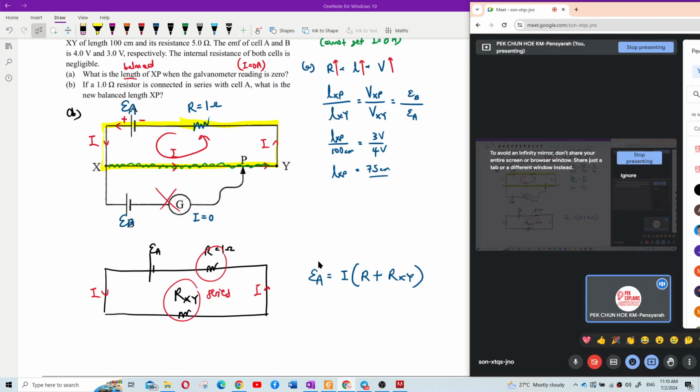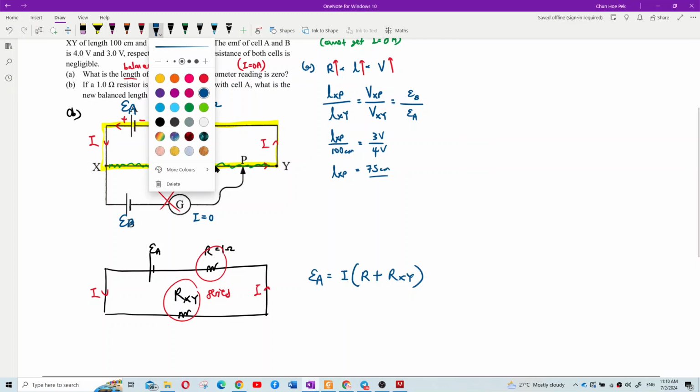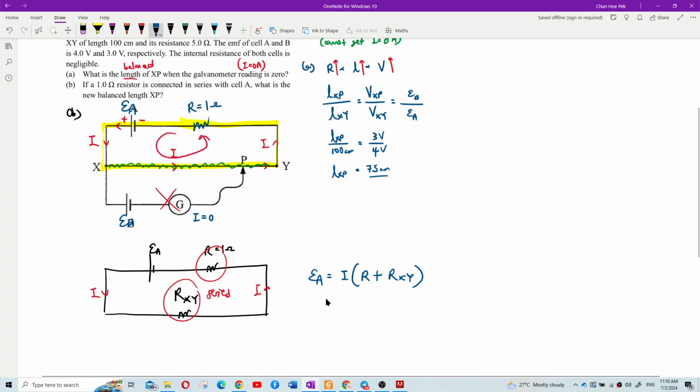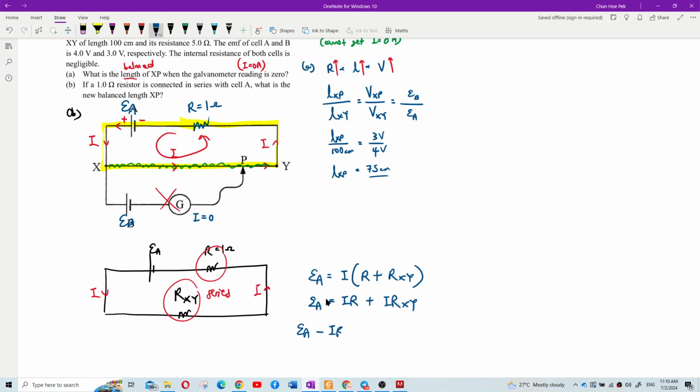So now, class, I want you to see this. Expand this: IR plus IRXY. So you see EA minus IR equals IRXY.